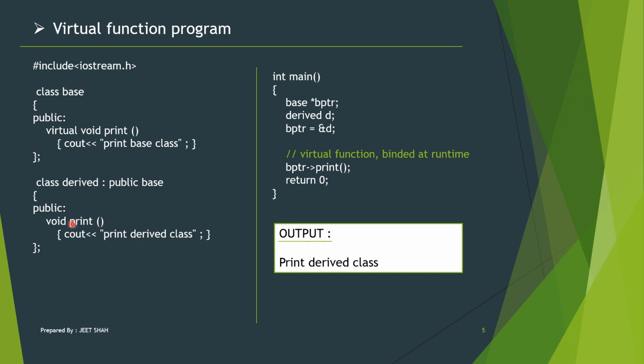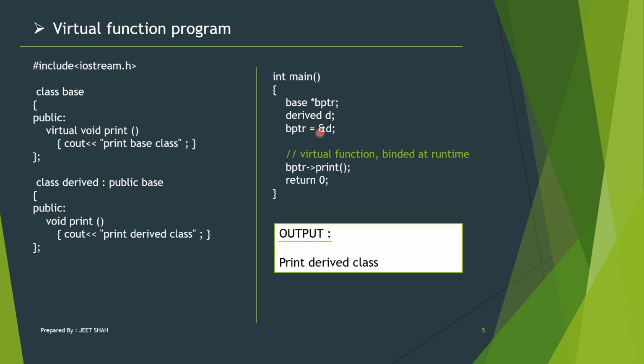So if this function is called, we will have the output as print derived class. Now, as we see in int main, a pointer type variable is created for Base which has the name VPTR, and an object is created of derived class which is D.